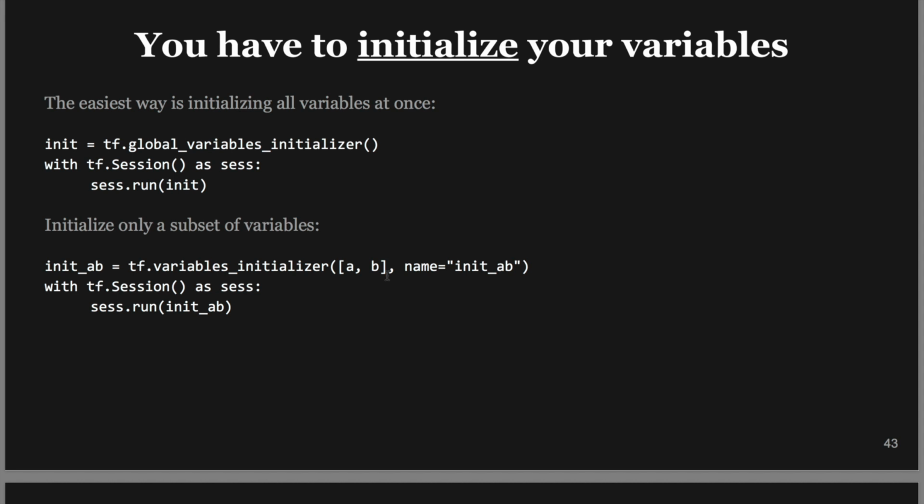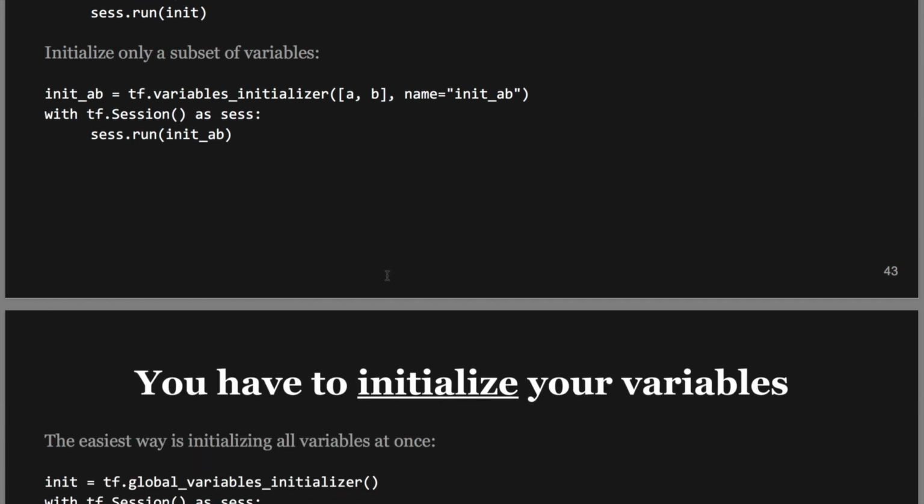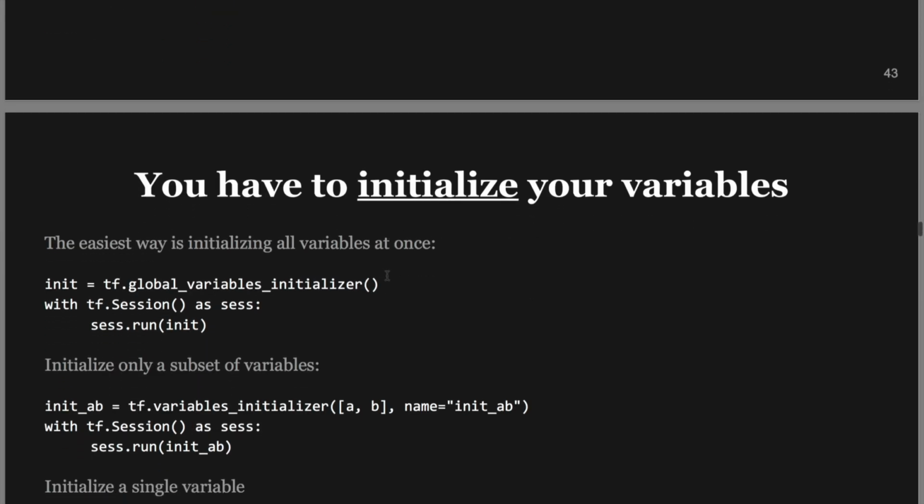So let's say you are training a model and you want to do transfer learning. Some layers of your model, you want to just assign the values from a previously trained model, whereas there are certain other layers which you want to just initialize randomly and then start the training. So you can do things like that by just initializing a subset of variables. So it's sometimes a useful thing. And also, there are various ways of doing everything. So this is one way of doing that.